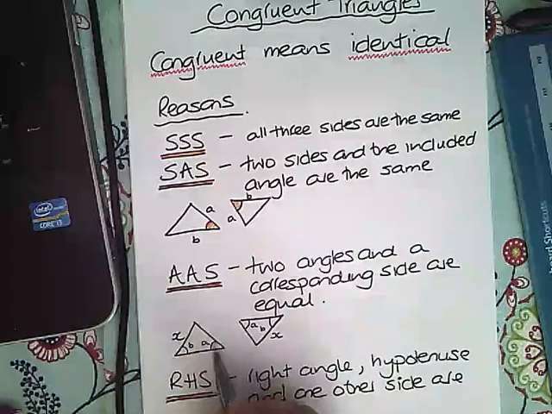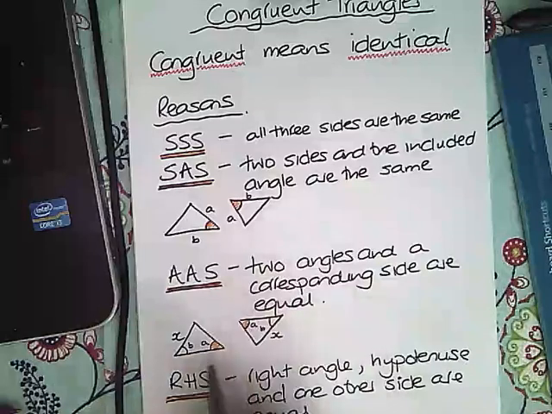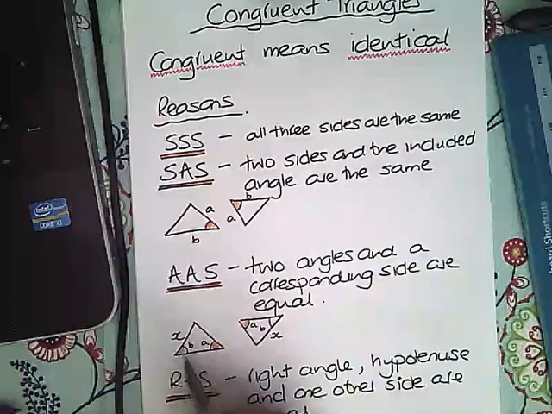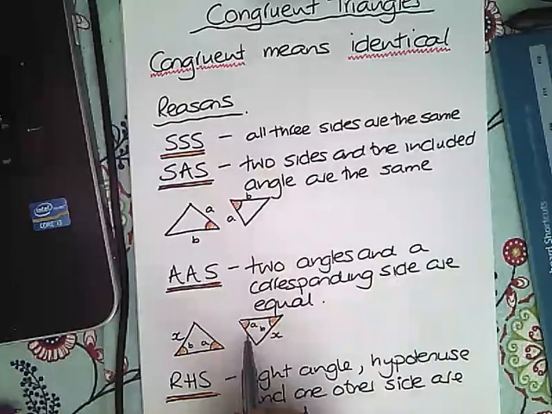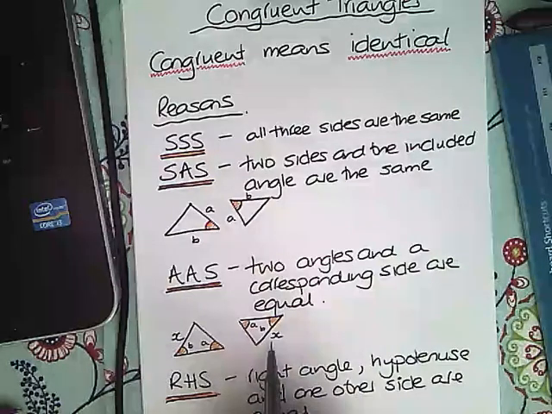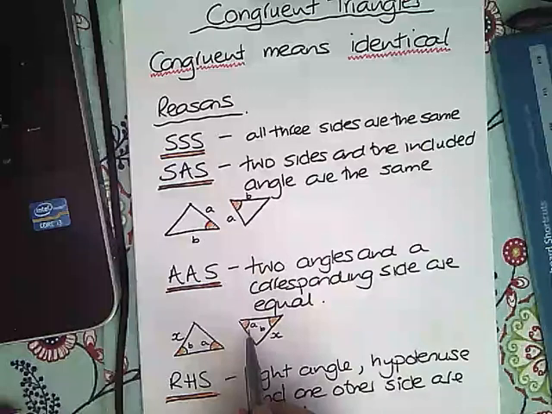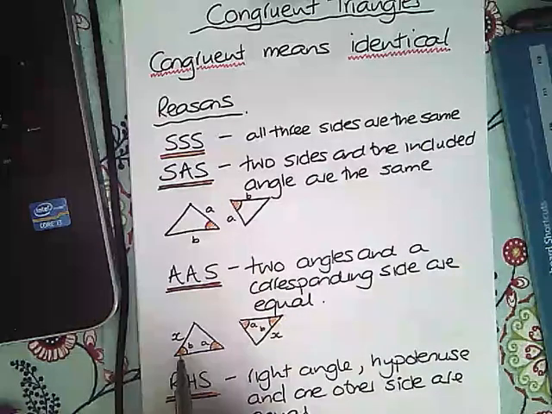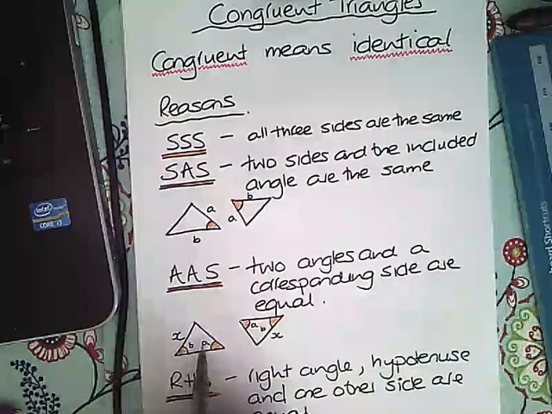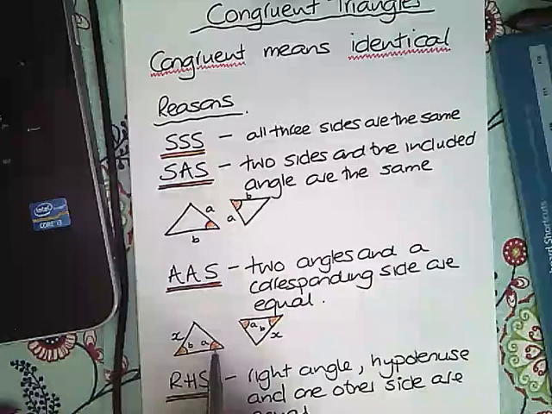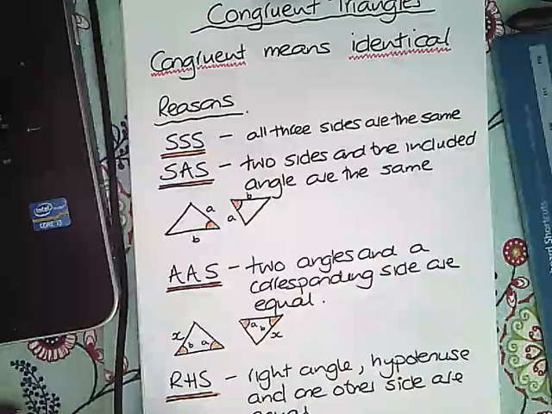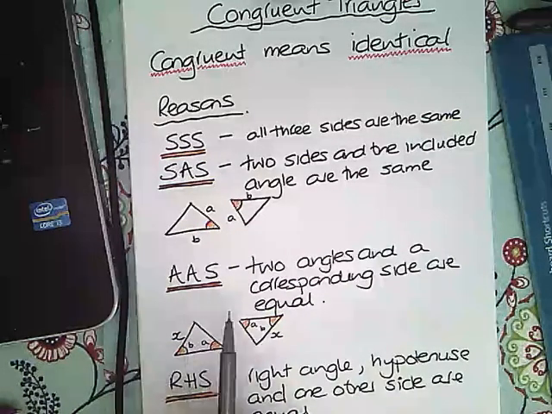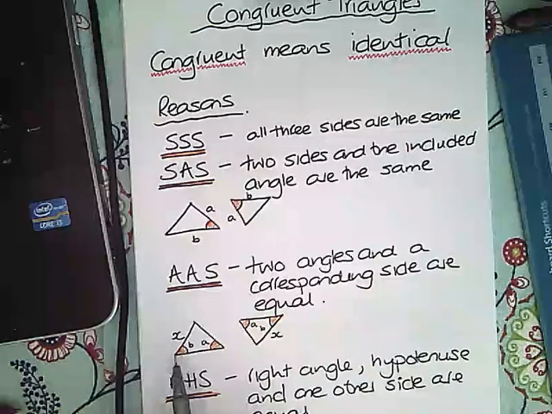So we've got A, and at the other end of this line we've got B. And can you see in this triangle that the side I've marked as X is next to B and opposite A? And the same is true in this triangle, even though it's the other way up. It is next to B and opposite the angle, and that is abbreviated to AAS, angle, angle, and a corresponding side.